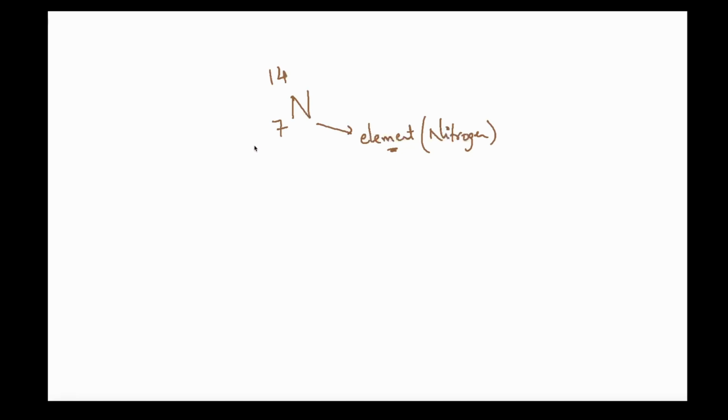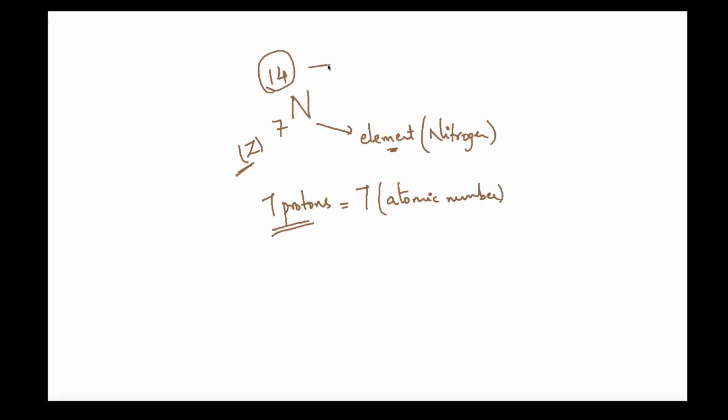This number here is the atomic number, which is designated by Z. As we discussed earlier, nitrogen has a total of 7 protons in its nucleus, so this is equal to its atomic number, which is 7.